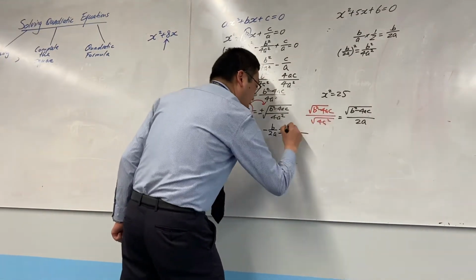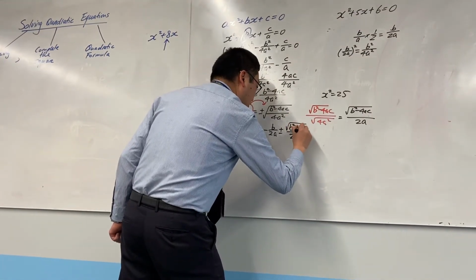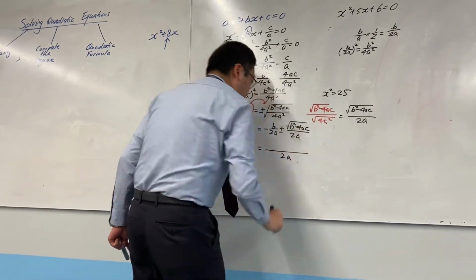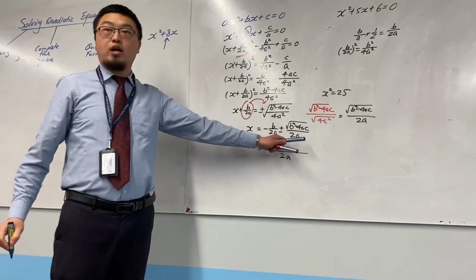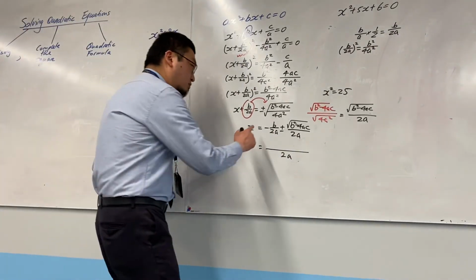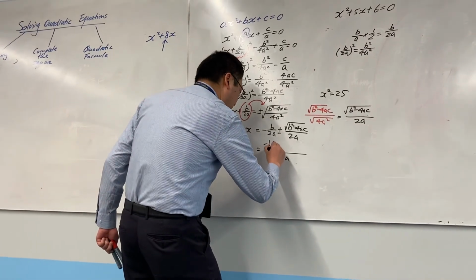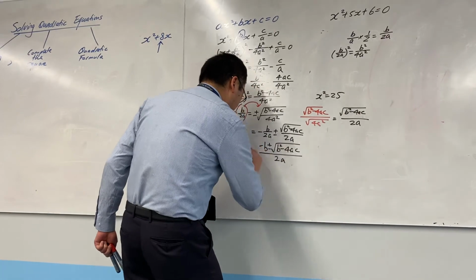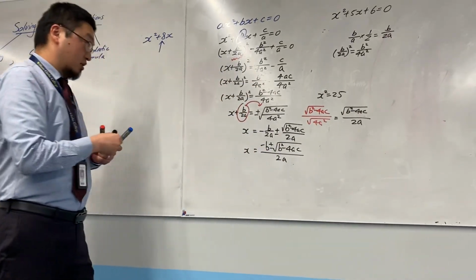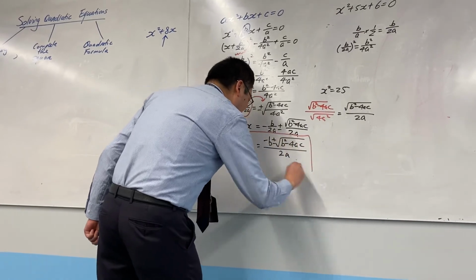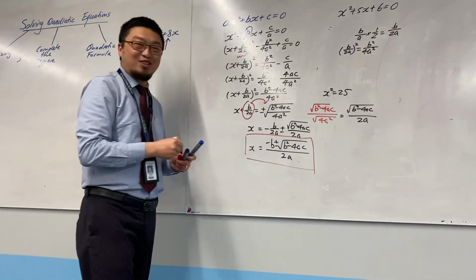On the top, I copy down. Denominator 2a, denominator the same, just put the top together. Minus b plus minus the square root of b squared minus 4ac, over 2a. This is our famous quadratic formula.